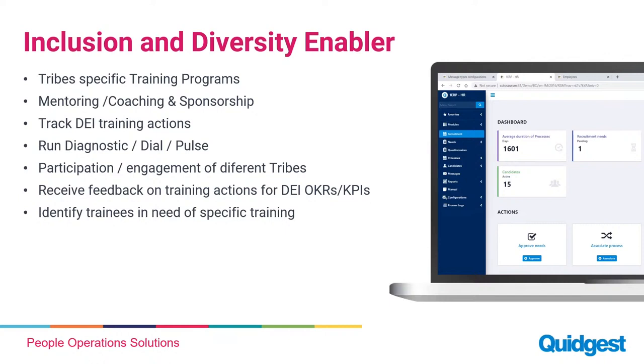So you want to make sure that you're training or you're having in a path of acceleration or succession planning, that you're building the future generations and you're building your future employees to be in those future roles. So you want to ensure that it's diverse as well. So of course, receiving feedback from these training actions in terms of OKRs or KPIs of DOI is key.